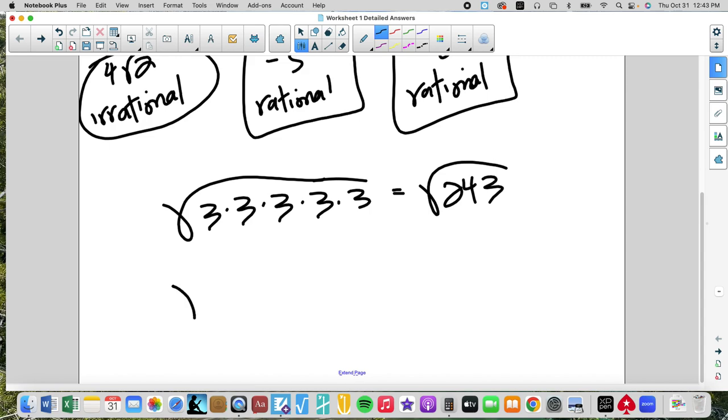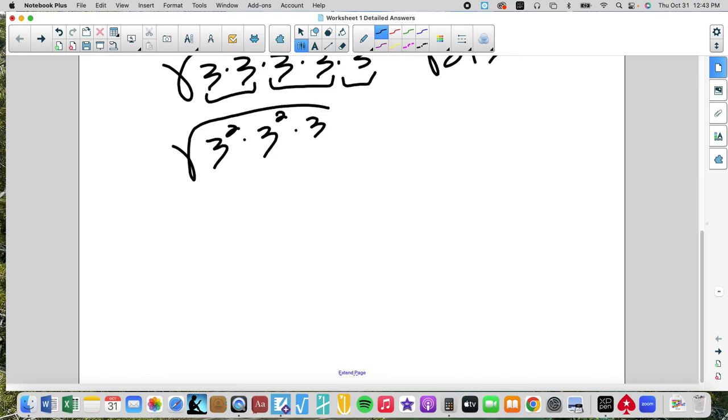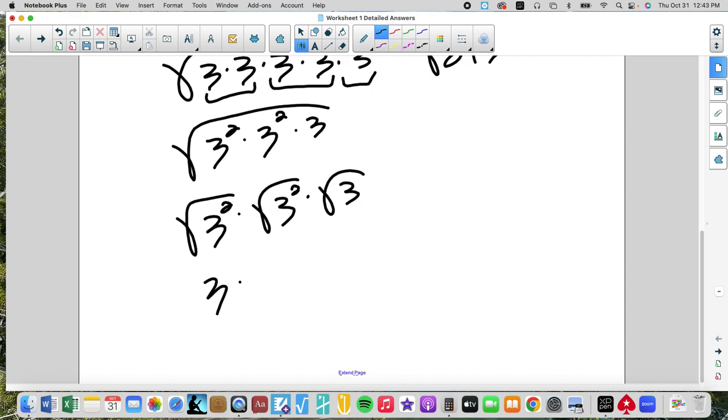So what I would do is I would see that these two can be written as 3 squared. These two can be written as 3 squared, and then we have this leftover 3 in there. And I would separate each one of those into their own radicals, and we know that a square is going to cancel with the square root, so this produces a 3.